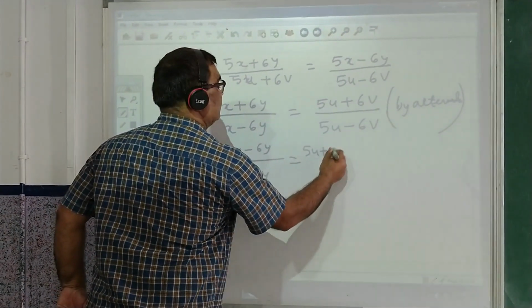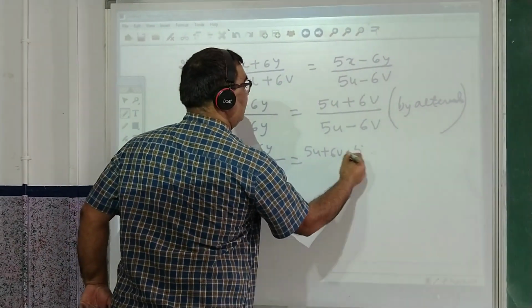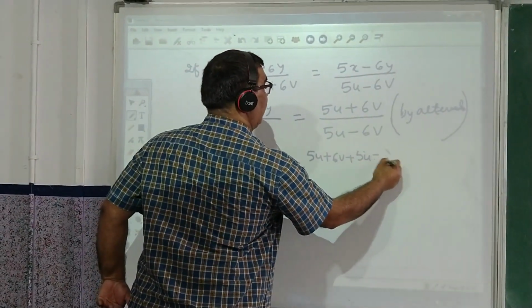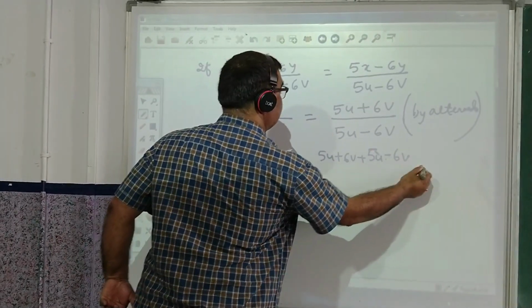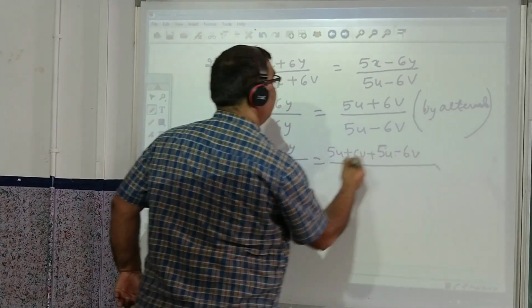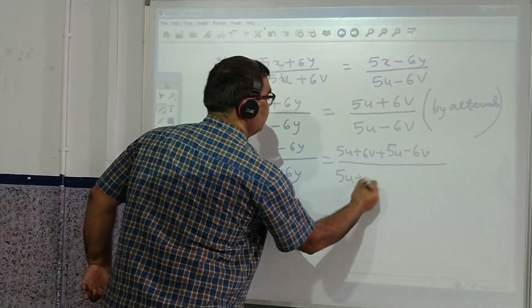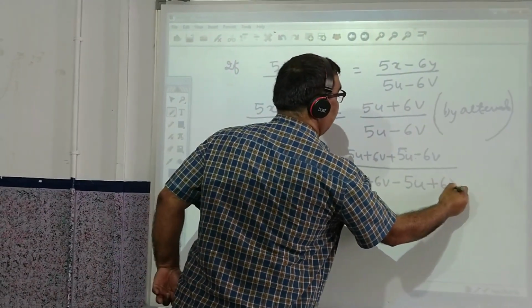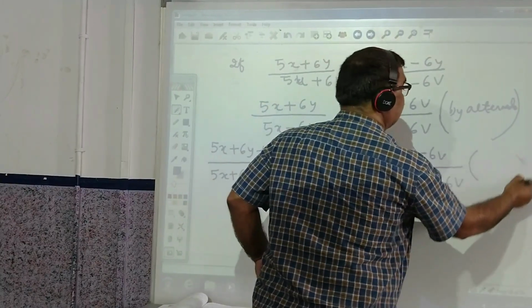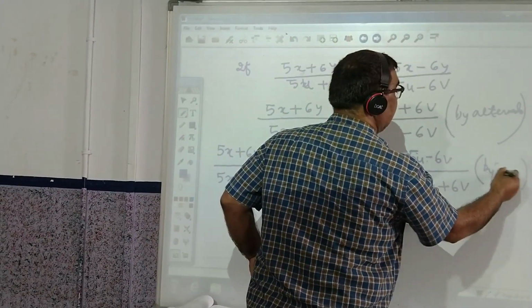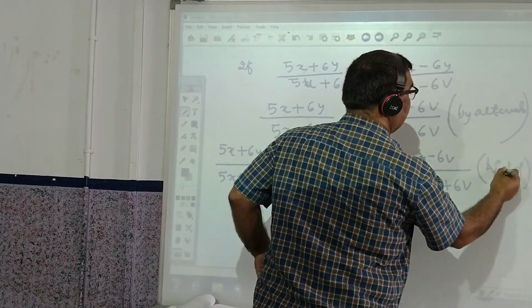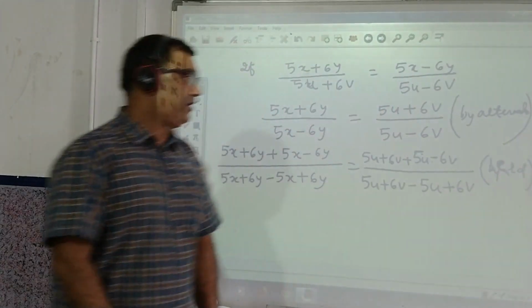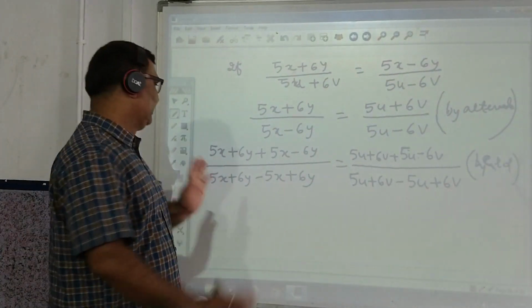Again (5u plus 6v plus 5u minus 6v) divided by (5u plus 6v minus 5u plus 6v). Please write the property by C and D. Again I repeat, C stands for componendo, D for dividendo.